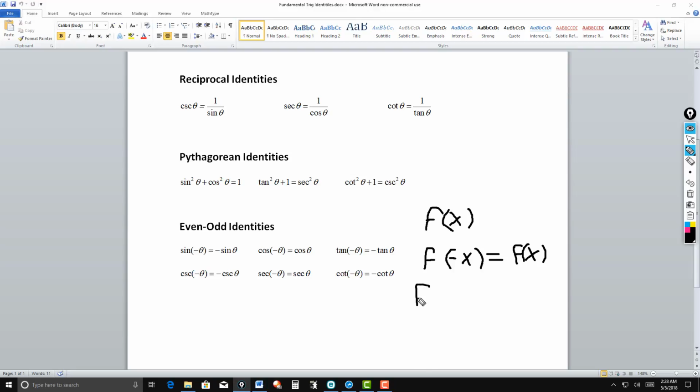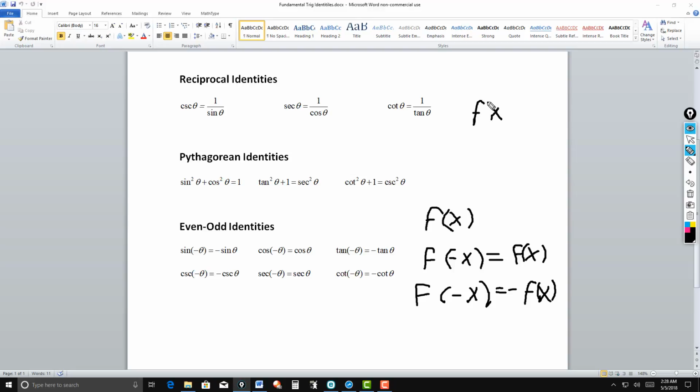If I evaluate a function at minus x and I get the negative of the original function, that function is said to be odd.